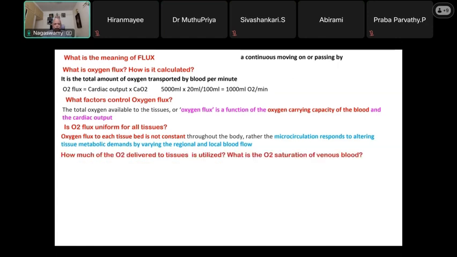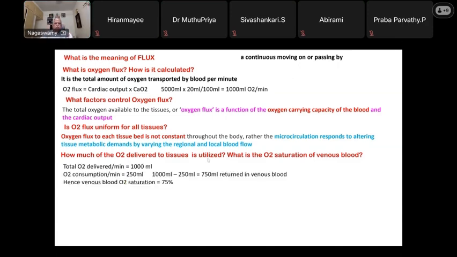How much of the oxygen delivered to the tissues is utilized, and what is the oxygen saturation of venous blood? The total amount delivered is 1000 ml, but oxygen consumption per minute is only 250 ml.